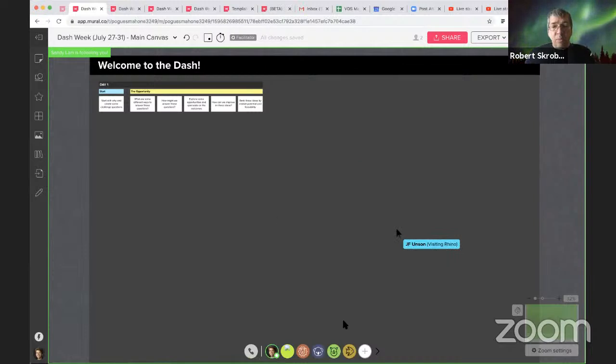I'm going to pause my share, and I'm going to add a dynamic to this where I'm going to ask a trivia question in between me putting the different exercises into this canvas. So the first one I have, and you can go ahead and put it into chat if you know the answer, is how many teeth does an aardvark have? If you know the answer, go ahead and put it in the chat.